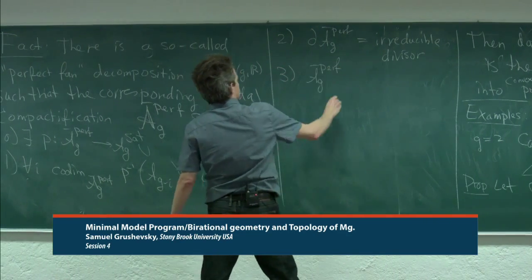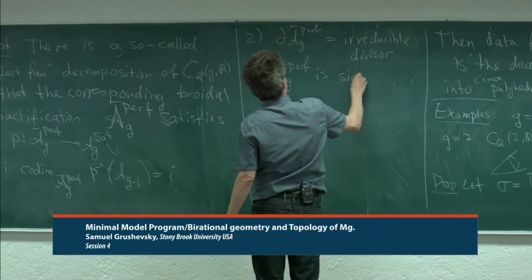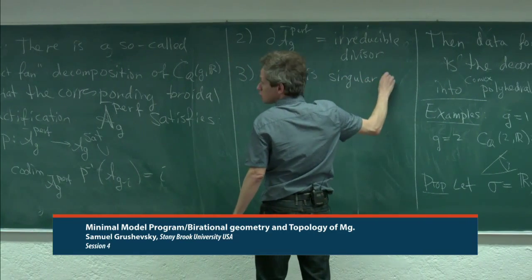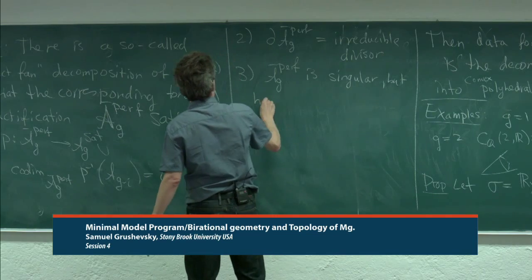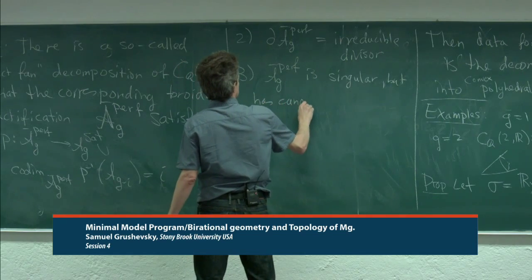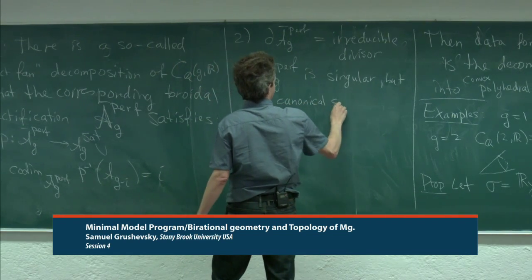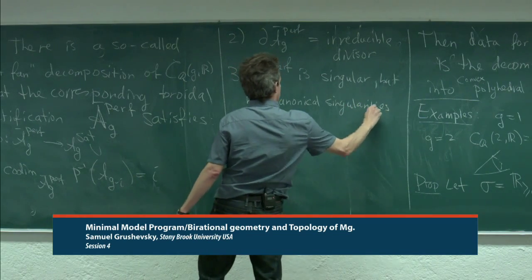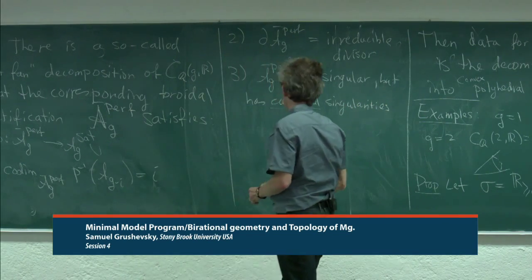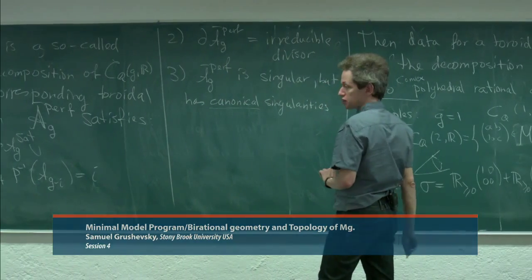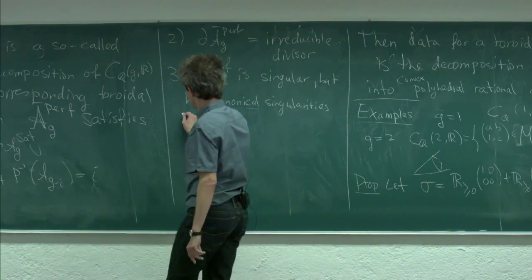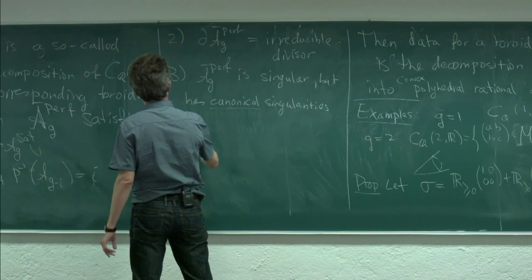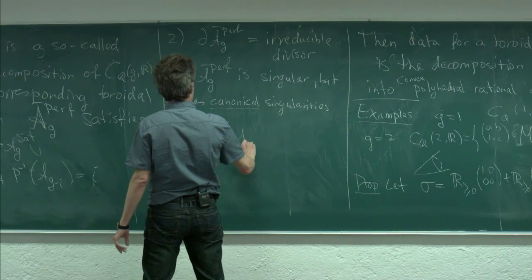Third, this guy is singular, but has canonical singularities. Hopefully you remember Paolo's lectures and the discussion about types of singularities. So what I care about is that the canonical class makes sense.